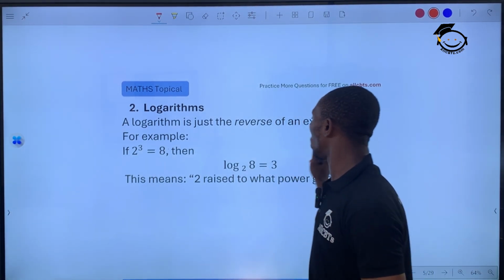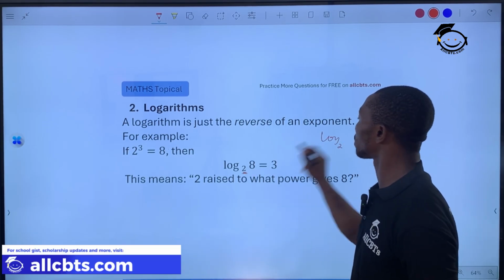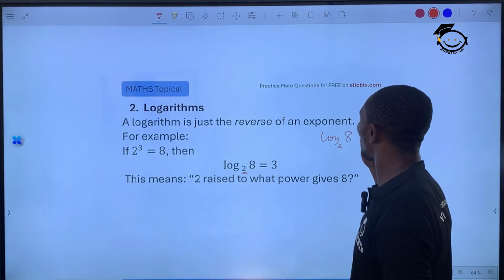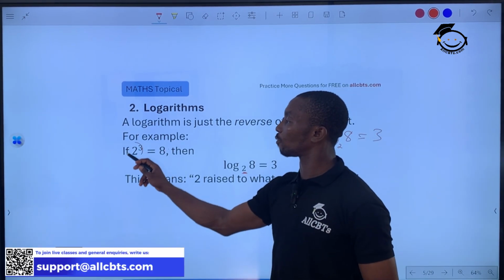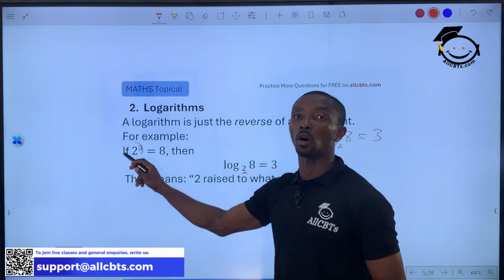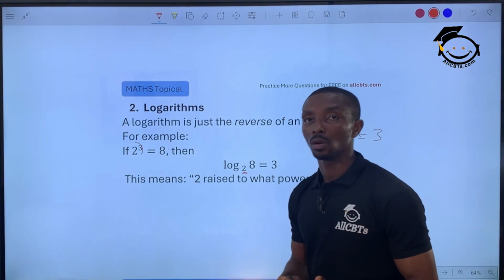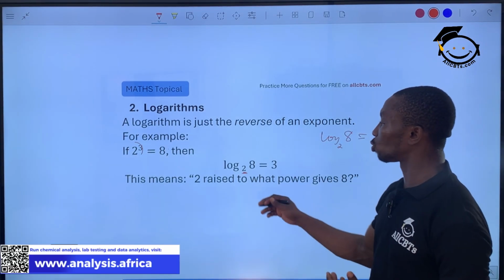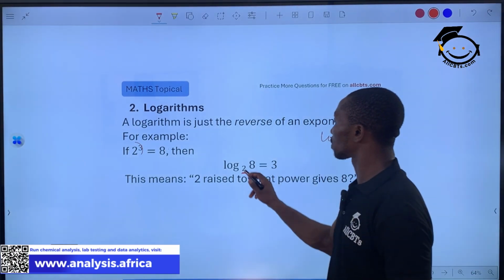That becomes log 8 to the base 2 equals what? 3. So how many times will 2 multiply itself to give us 8? That becomes the question.